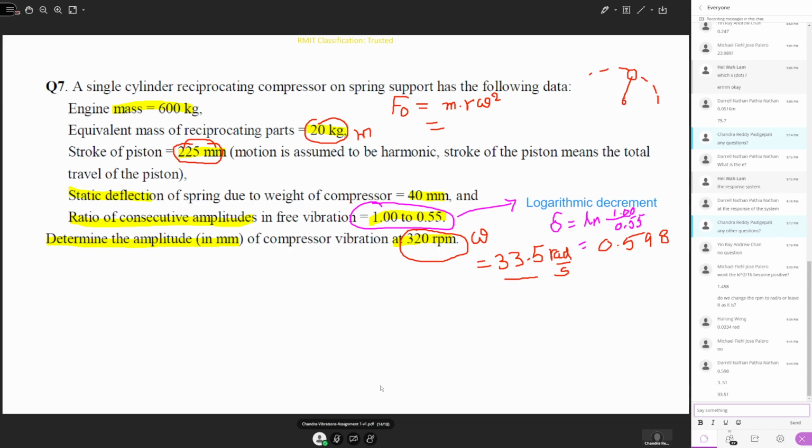So R will be 225 mm over 2, converted into meters: 0.225 over 2. Mass is 20 kilograms, R is 0.225 over 2, and omega is 33.5 radians per second. So calculate the force acting. R is half of the stroke length.